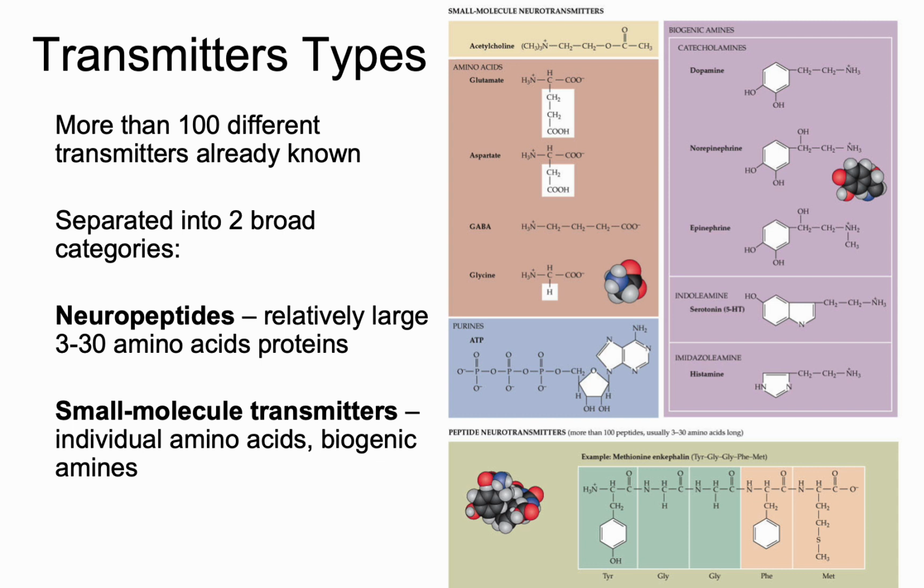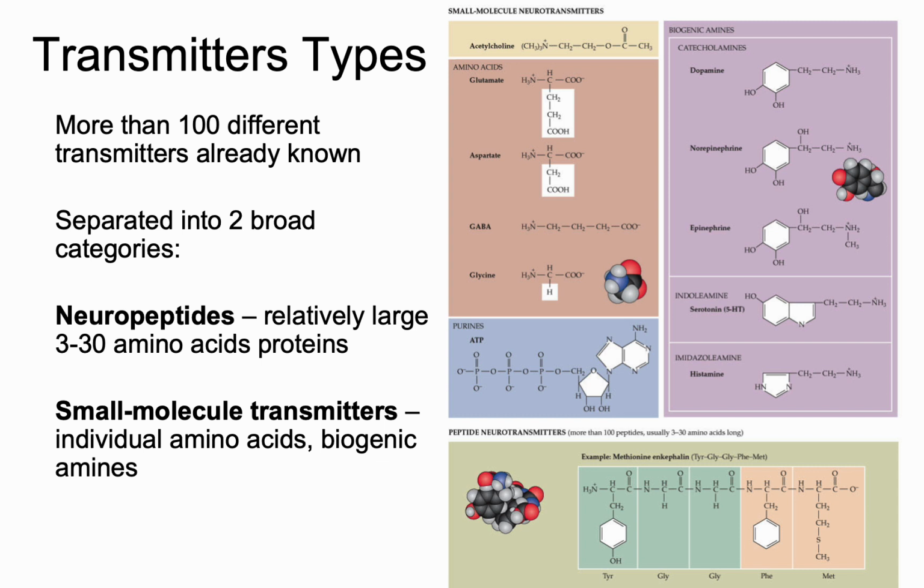Now, we have neurotransmitters in two very broad categories. We know that there are over 100 different types of neurotransmitters that we have been able to characterize so far. It's been estimated there are likely twice as many, so over 200 that probably exist.